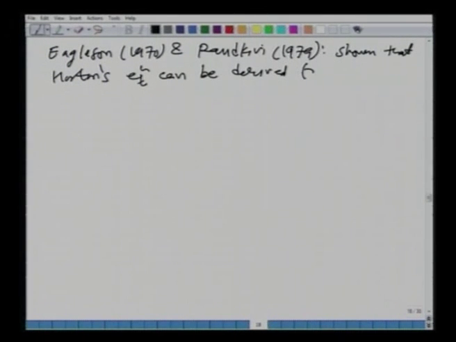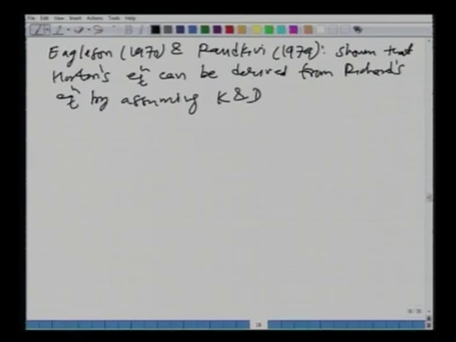from, as I said earlier, the Richards equation, which we looked at in the last class, by assuming K and D, that is your properties of the soil, to be constant, or independent of the moisture content or time, independent of theta.